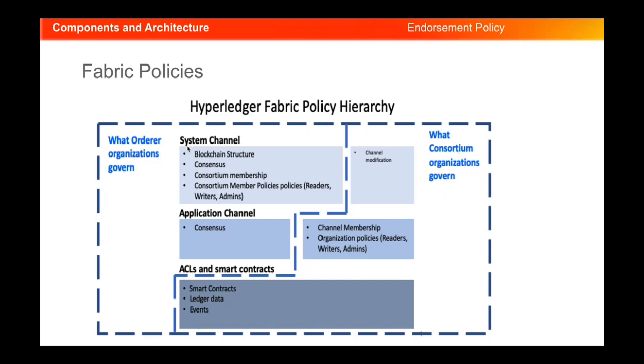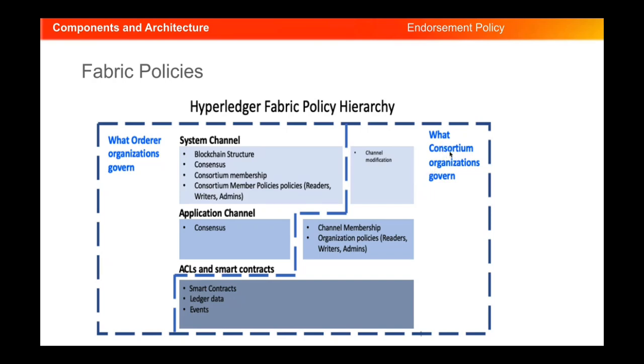The system channel is governed by the orderer, which is responsible for blockchain structure, consensus, and consortium membership. Consortium member policies can be categorized under readers, writers, and admins. It is also responsible for the application channel, which is consensus.